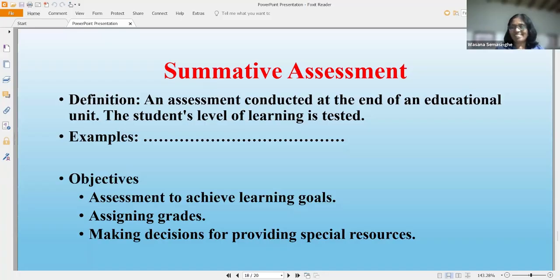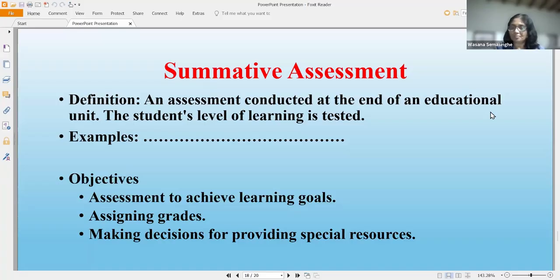We can assign grades. In the O-level exam, the students are assigned grades. And that can be used to make decisions for providing special resources. So to enter A level, to do science stream, math stream, art stream, commerce, the O-level results are important. A-level results are important to select the students to enter universities.